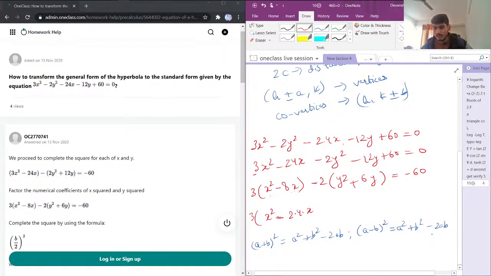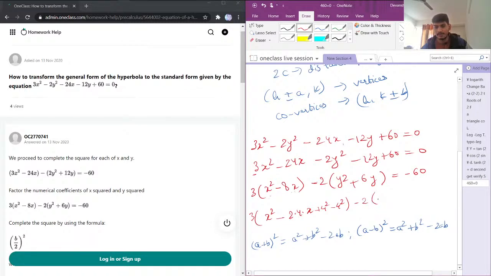So this is 2, this x is a, then b will be 4. So I will add 4 squared and I will subtract 4 squared.